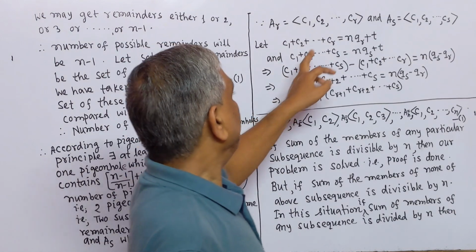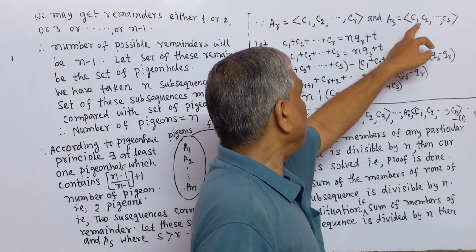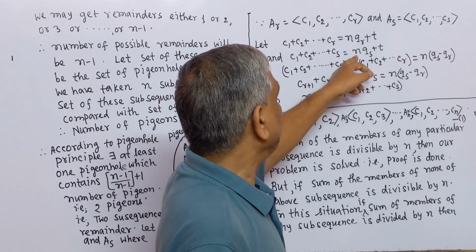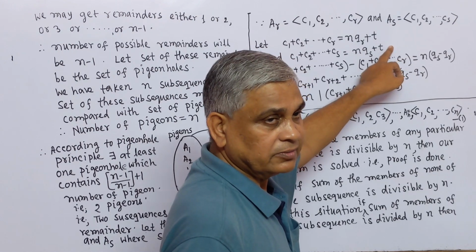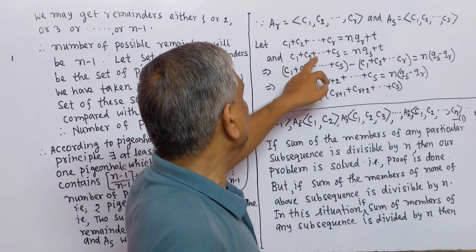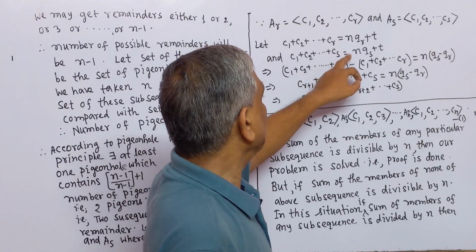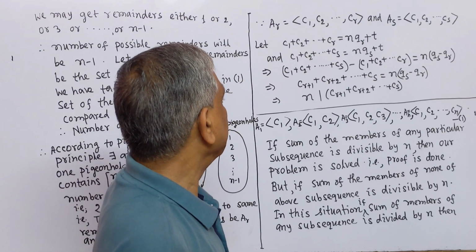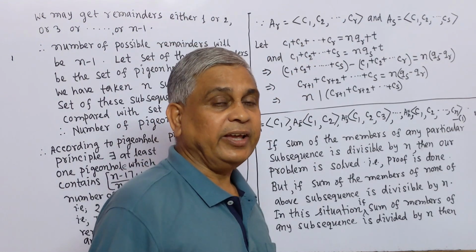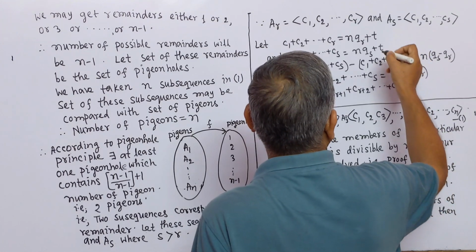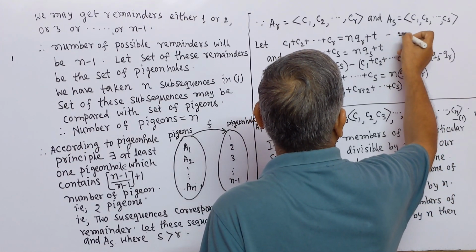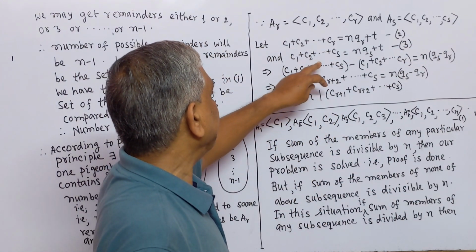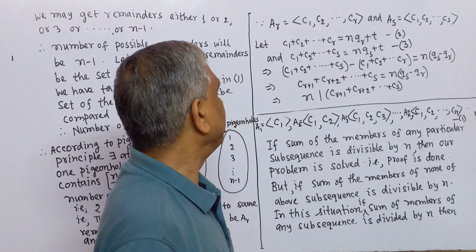Similarly, when the sum of the elements of AS is divided by n, it leaves the same remainder T. We may write C1 plus C2 plus ... plus CS equals n QS plus T. The same remainder when these are divided by n. Let this be number 2 and this be number 3. Now we subtract 2 from 3.